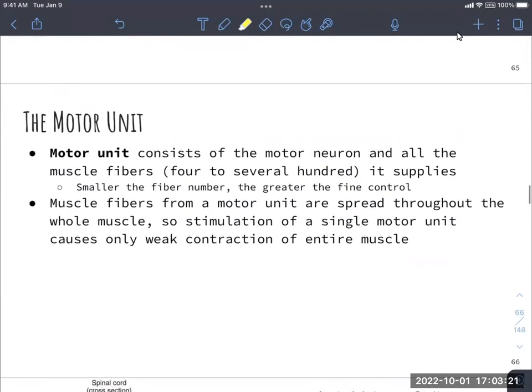So as I said, it could be 4 muscle fibers. It could be several hundred muscle fibers, depending on where they're located in the body and what kind of movement we're trying to produce. Is it your eyes to look left and right? Or is it your legs to walk? They have different size motor units.